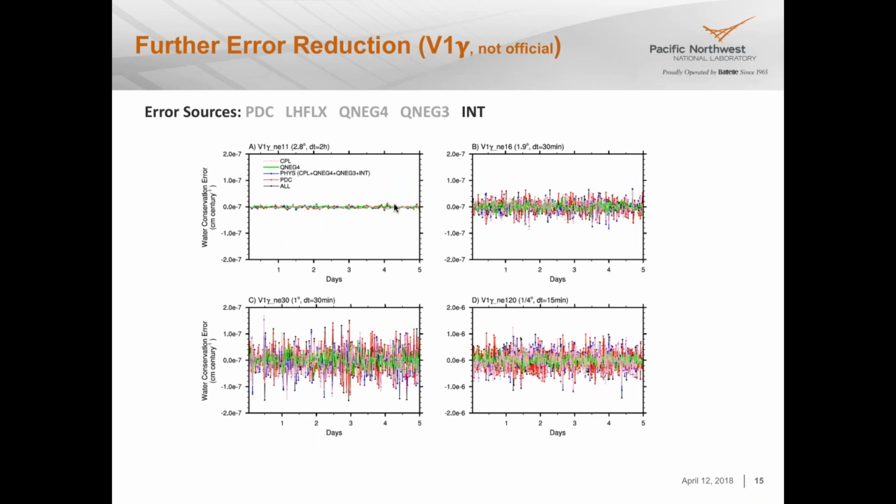We can further reduce the error in the model by removing the QNAC3, QNAC4 errors using the new mass conservative fixers. We can see that for every resolution from NE11 to NE120, the simulated water conservation error in the model is very small.